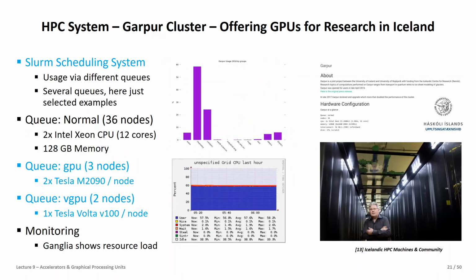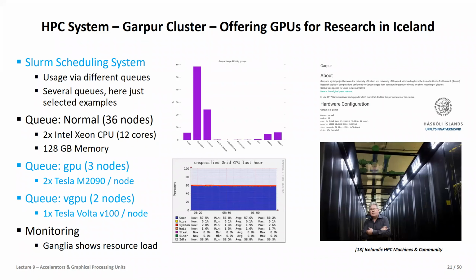So when we think about Iceland, do we have GPUs? Yes, and we also get more of them. At the moment you see we have quite old GPUs here, 3 nodes, and also one very cutting-edge V100 node. But we also got a new upgrade on the system, which is not GAPR anymore. So we will soon see a new system in Iceland with more GPUs, and we are also in the process of applying for more right now.